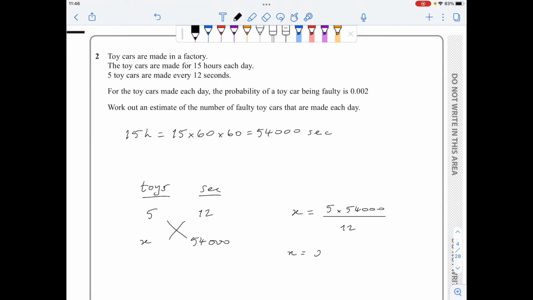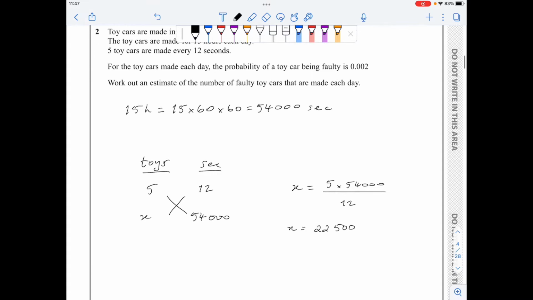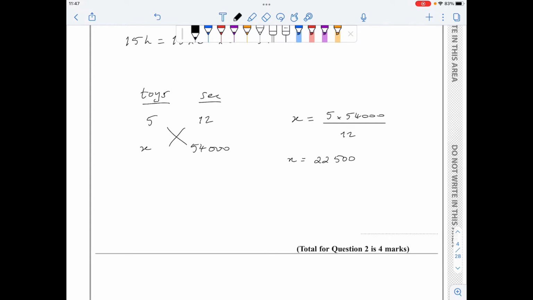X will be 22,500 toys, and then the probability of getting a faulty one is 0.002. So to find an estimate for the faulty ones, I'll just do 22,500 times 0.002, and this will give me 45 faulty toys.